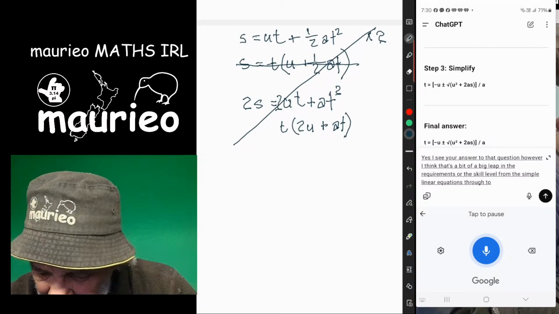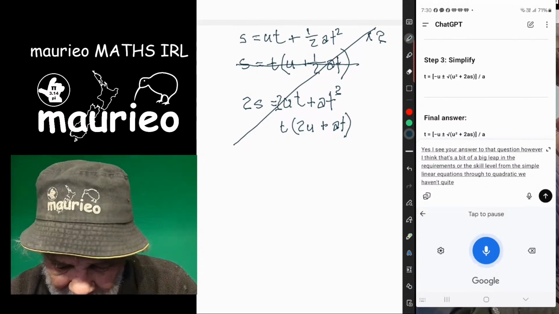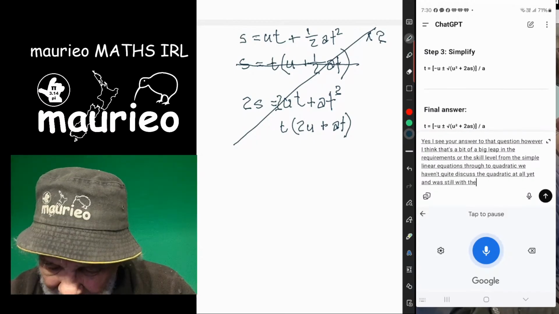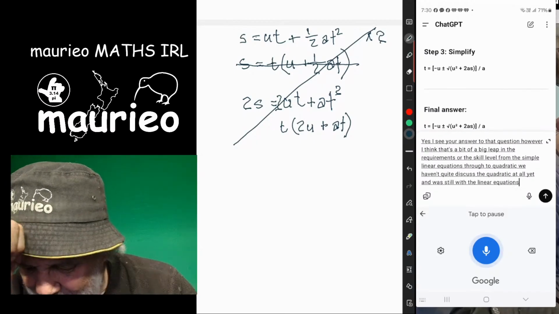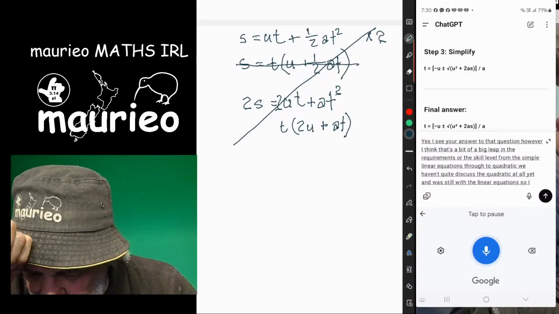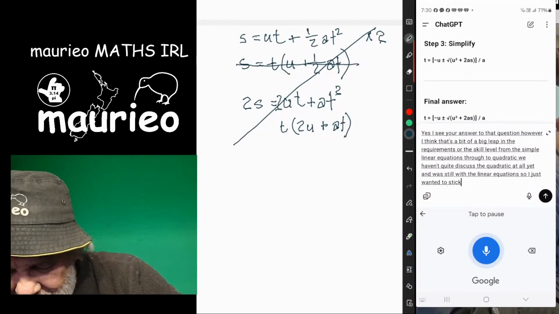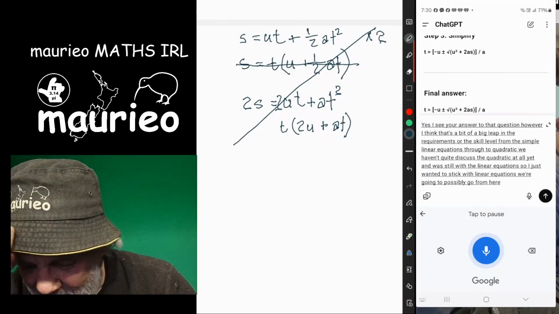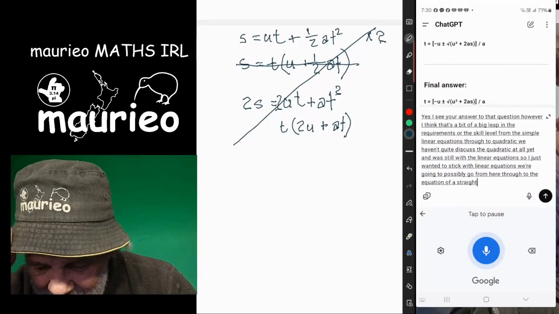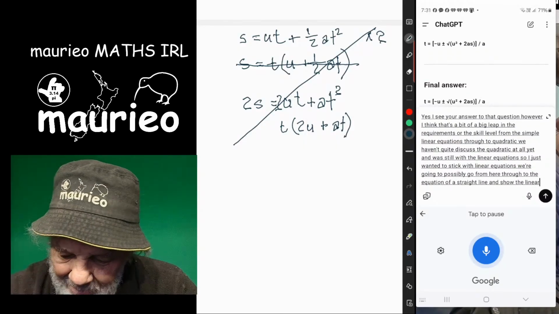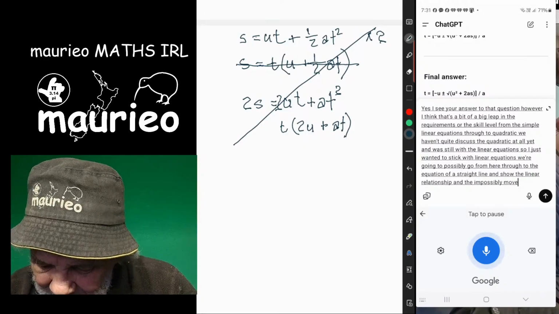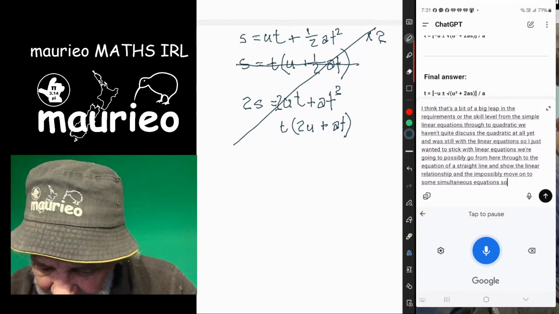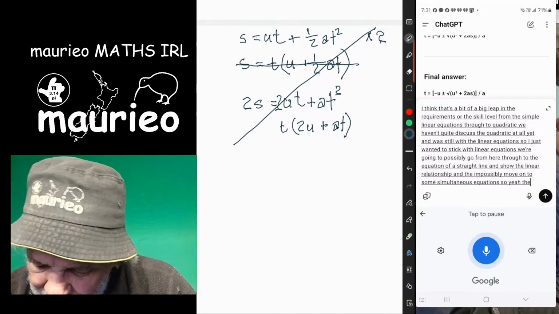We haven't quite discussed the quadratic at all yet, and we're still with the linear equations. So I just wanted to stick with linear equations. We're going to possibly go from here through to the equation of a straight line and show the linear relationship, and then possibly move on to some simultaneous equations. So yeah, be interested in your thoughts on this one.